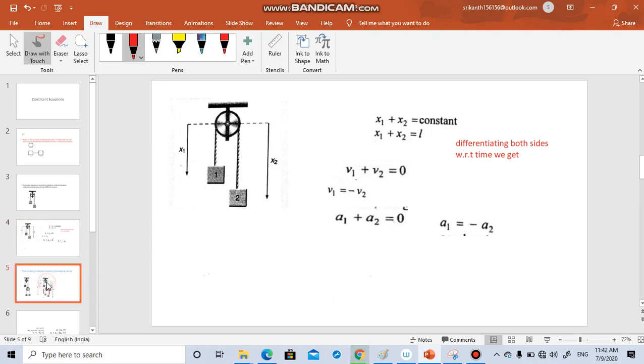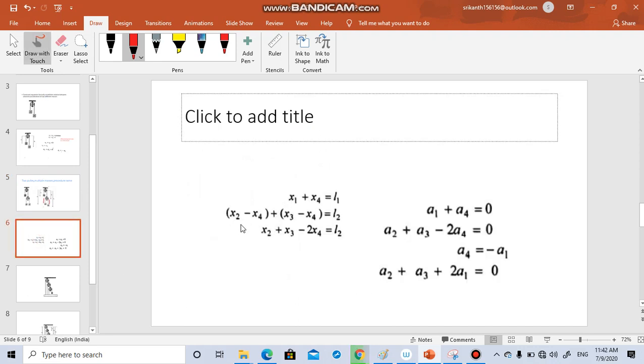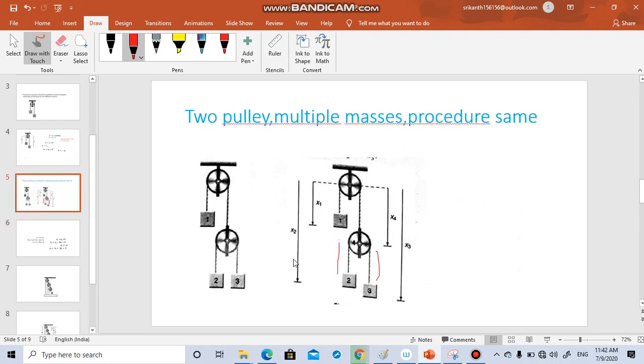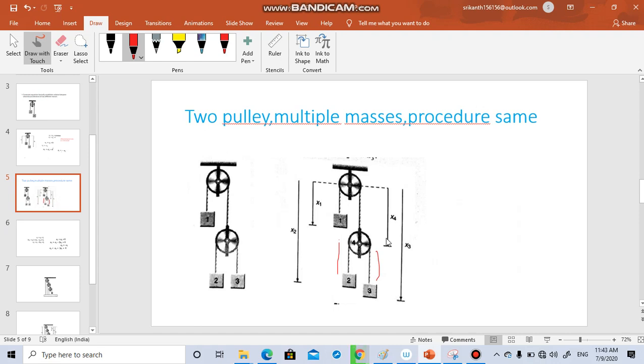See here, x2 minus x4, you are going to get this length, this red portion, and x3 minus x4, you are going to get this length.